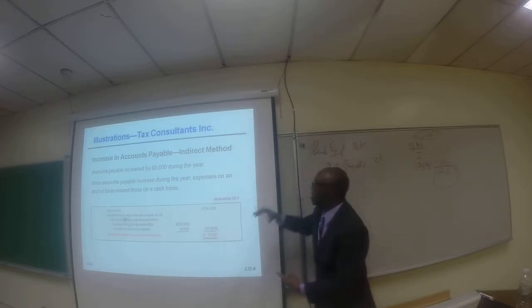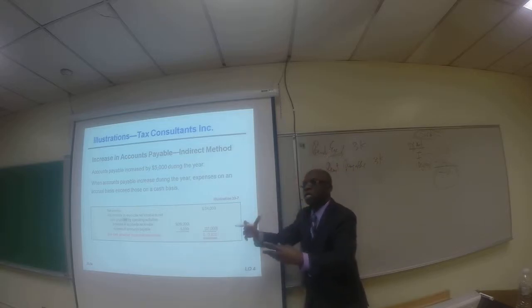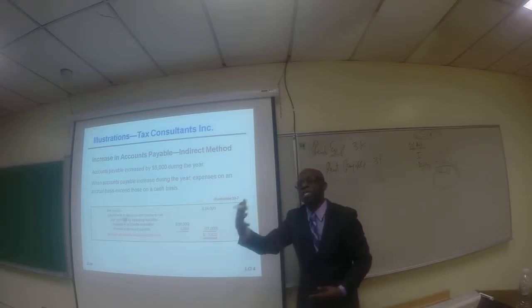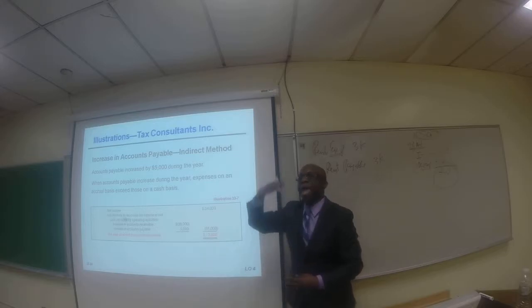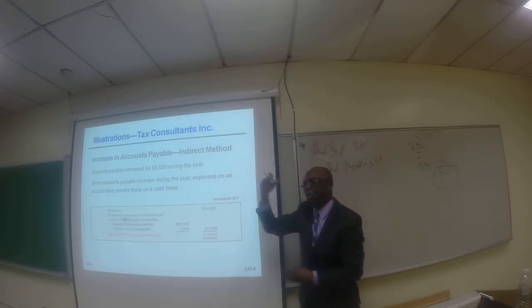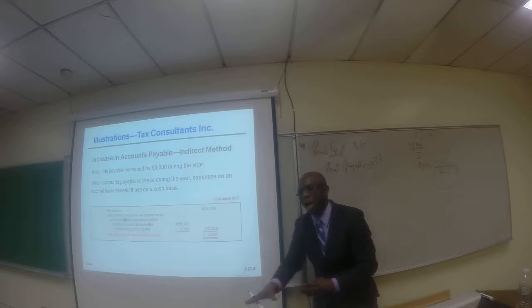So this expense decreases the bottom line, that is the net income, but in actuality there is no cash outflow. So when payable goes up, that increases expense, which decreases net income without cash outflow.